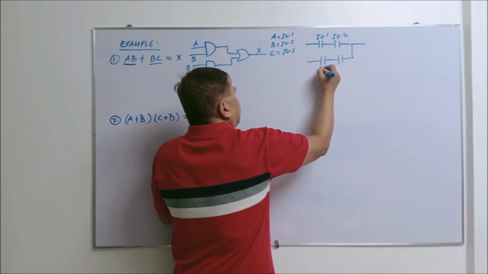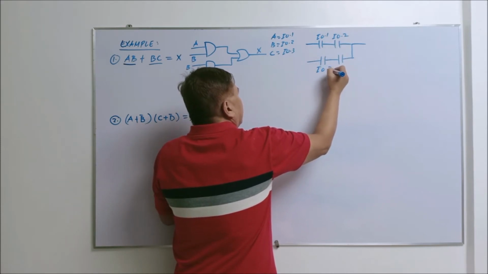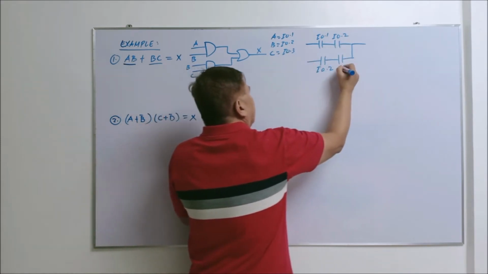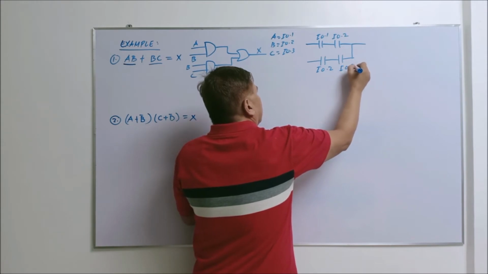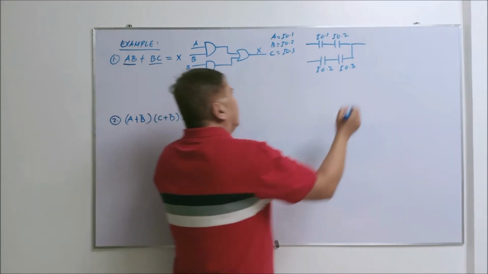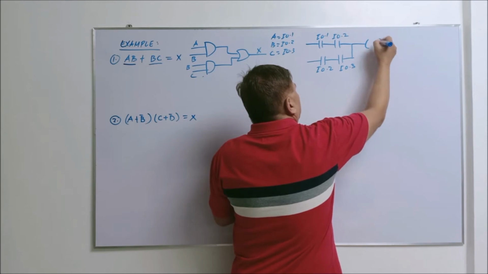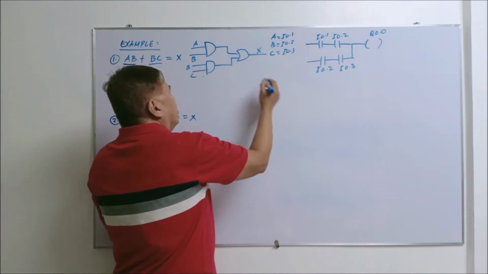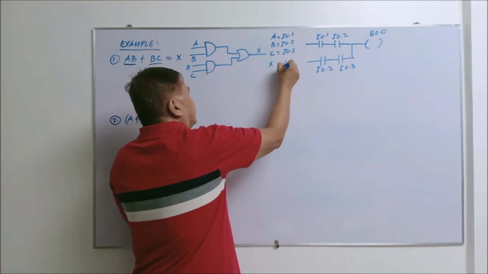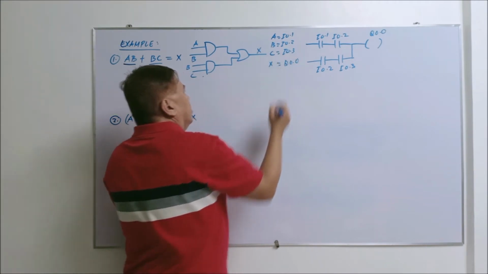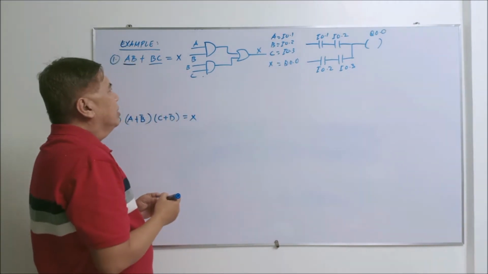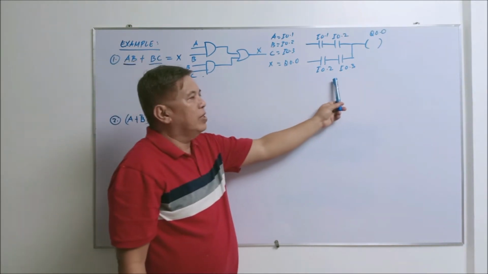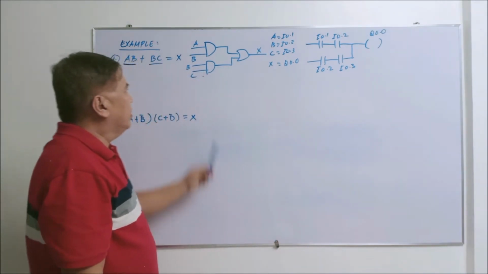B is represented by I 0.2 and C is I 0.3. And then you have here output Q 0.0, which is actually your X. So that will be your Siemens equivalent for this particular equation.